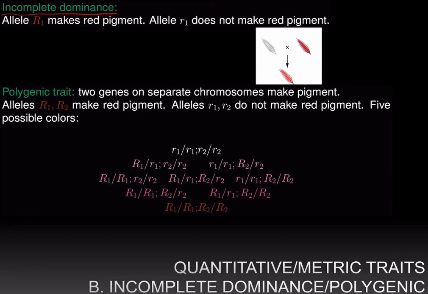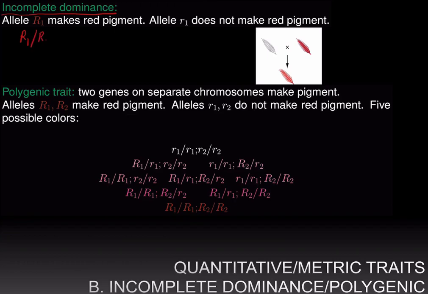Let's say there are two alleles for a gene, and it's a pigmentation gene for wheat kernels, and R1 makes pigment, whereas little r1 does not make any red pigment.